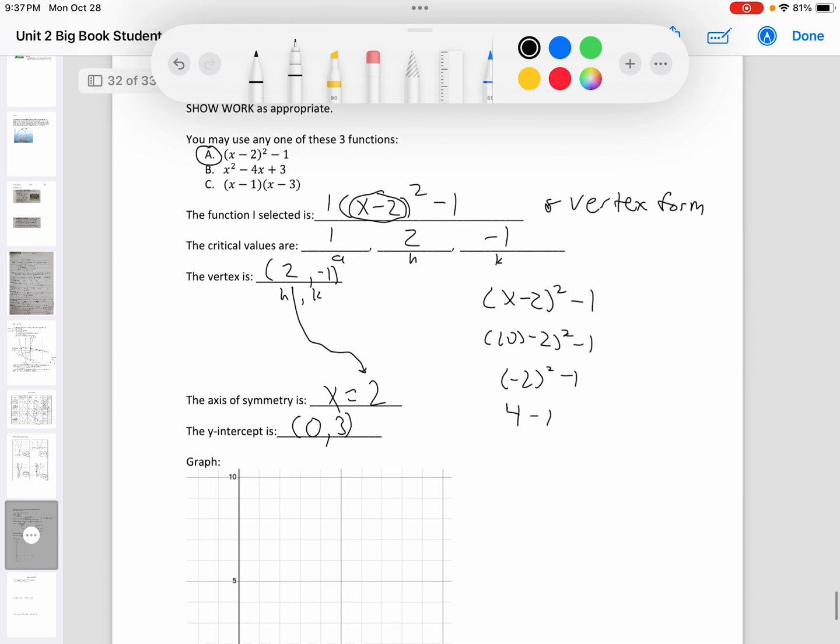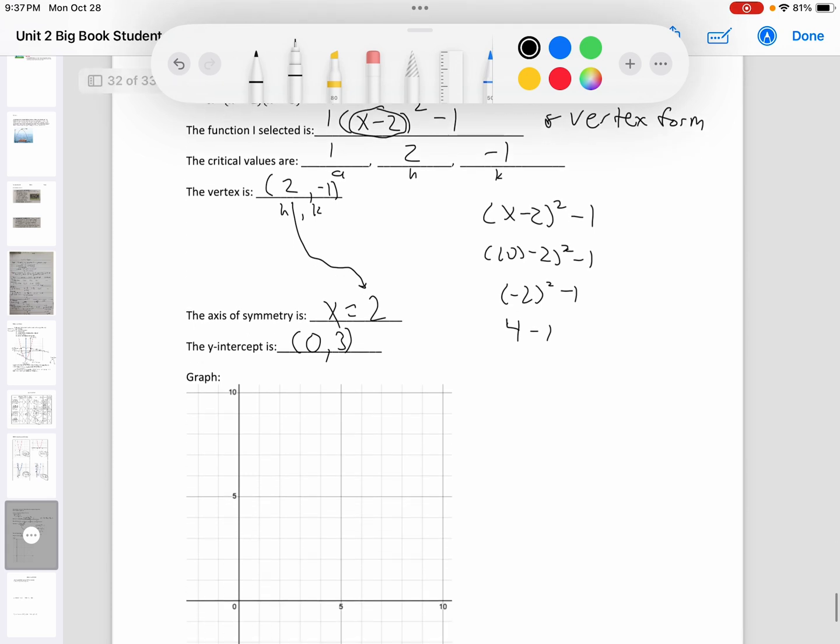Once I have all this information, I can put it on the graph. I know that my vertex is at the point (2, -1), which is right here. My y-intercept is at the point (0, 3), which is right here. My axis of symmetry is at the line x = 2, which is right here.